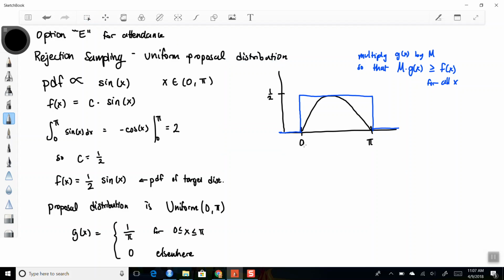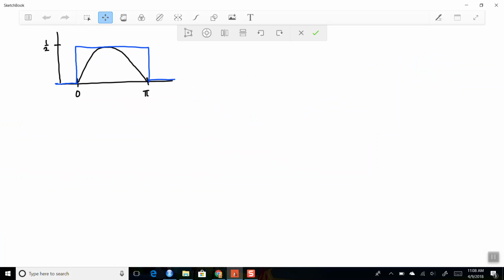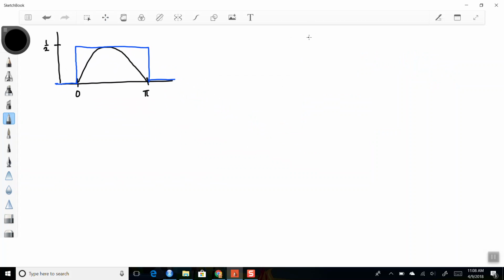Okay, so our desired PDF is proportional to the sine function. It's 1/2 times sine of x. And then our proposal distribution is going to be the uniform from 0 to pi. And so when we look at our diagram, we've got to figure out m.